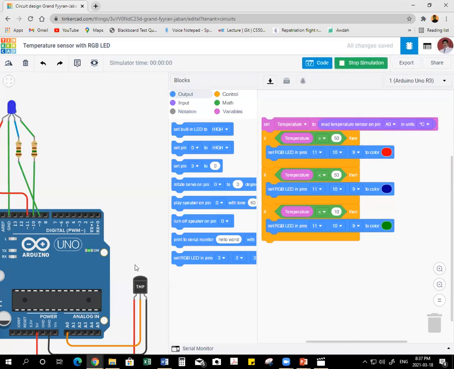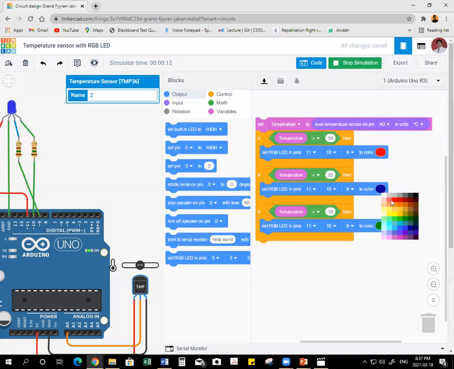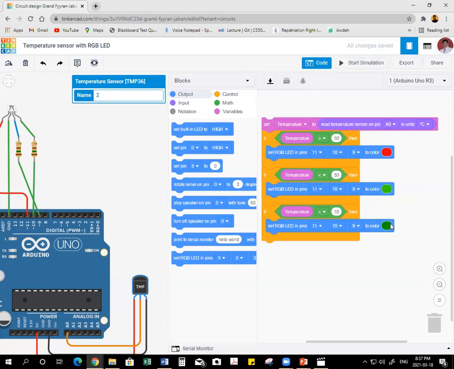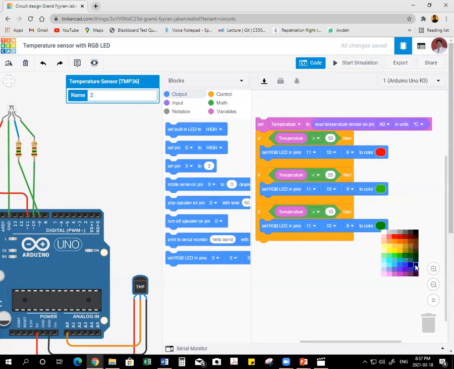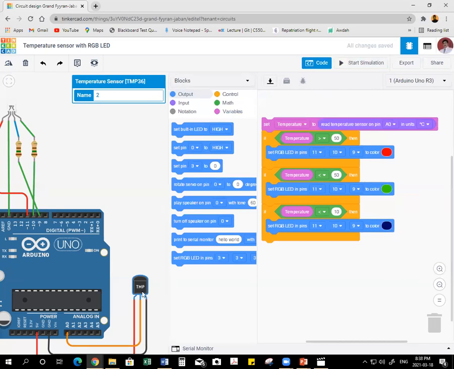Okay, now see it. Yes, same. Why? Because the pins we set are important. Less than 50, less than 10. Yeah, here you take green, here you take blue. Now see it. Yes, now it is working.